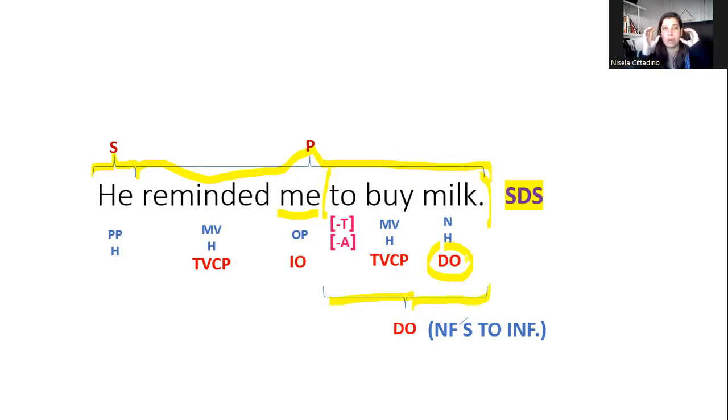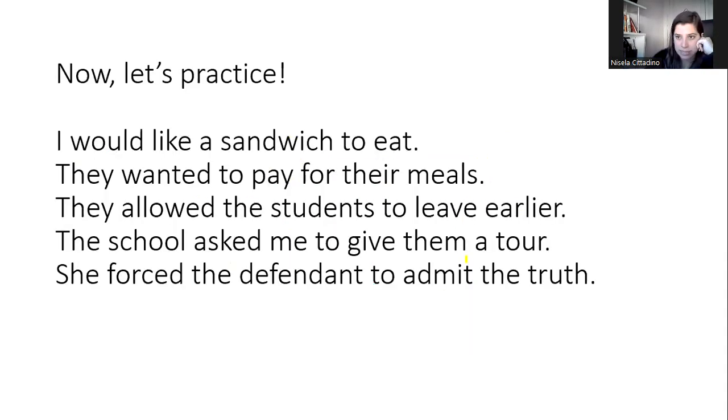It's as if you were using a camera and you were doing zoom on only one part of the sentence in which every word has a different category and a function, independently of what happens outside of that clause. Okay? So now you are going to practice.